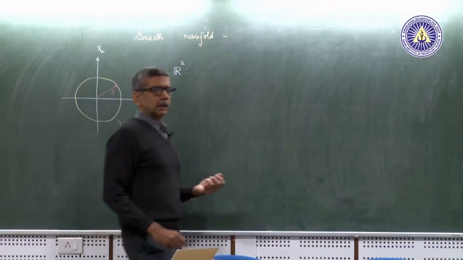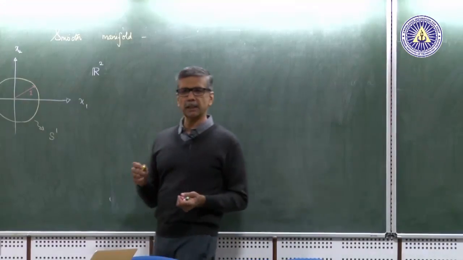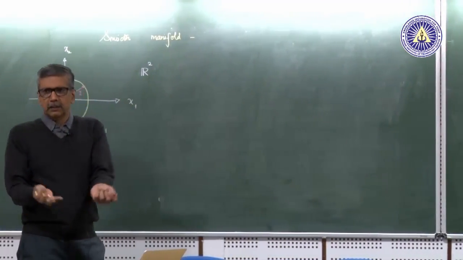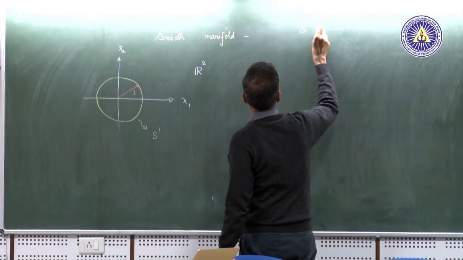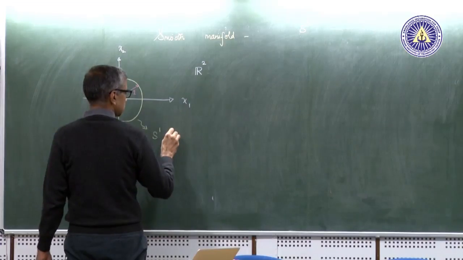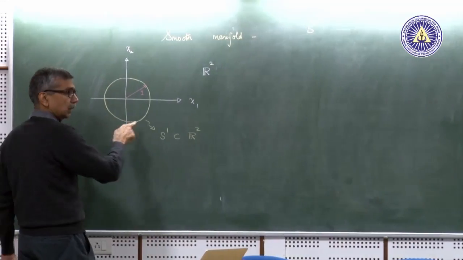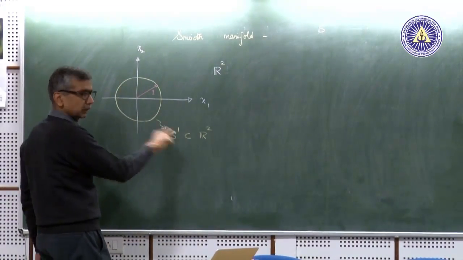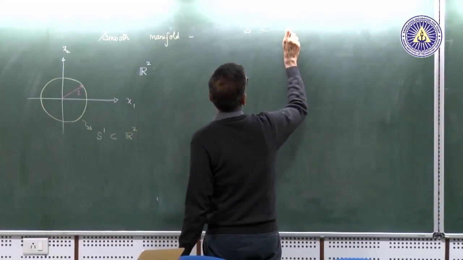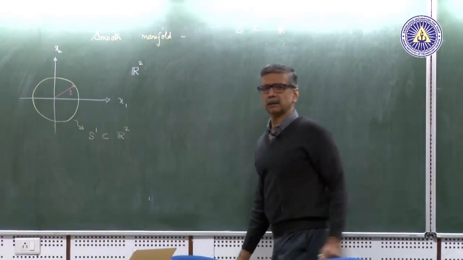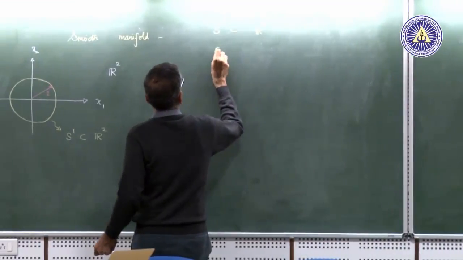If there was a unit sphere in 3-dimensional space, I would call it S2. So, S1 is sitting in R2. It is a subset of R2. Similarly, S2 is a subset of R3, the 2-dimensional sphere sitting in 3-dimensional space, and you can go on.